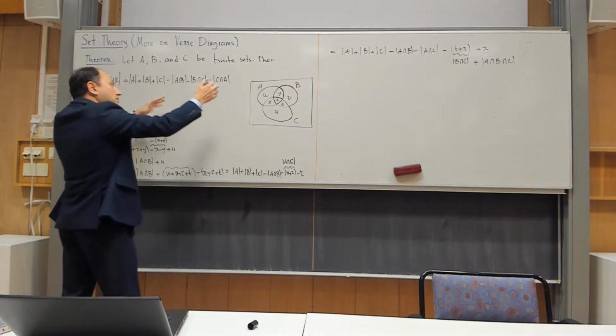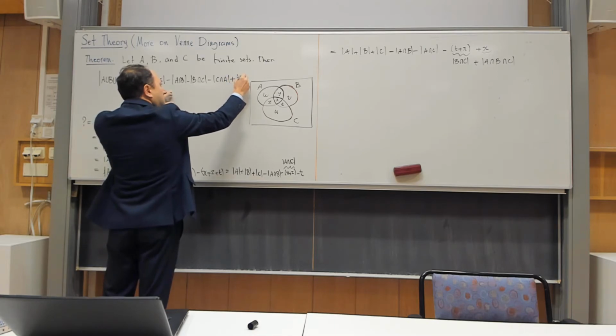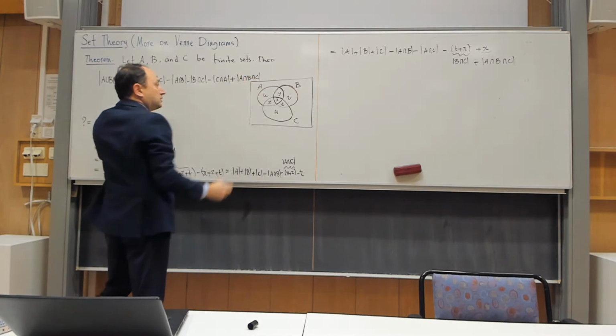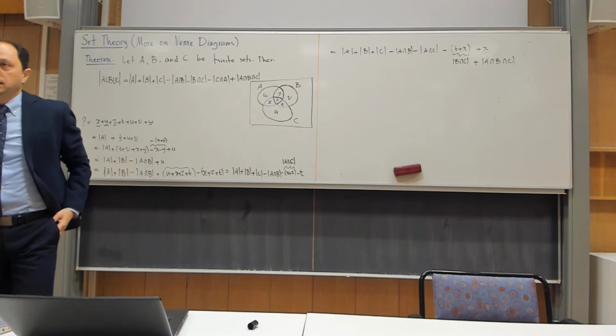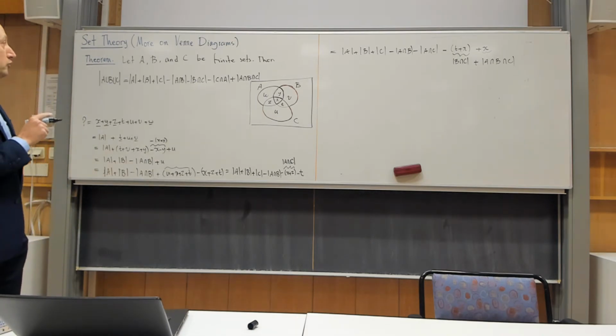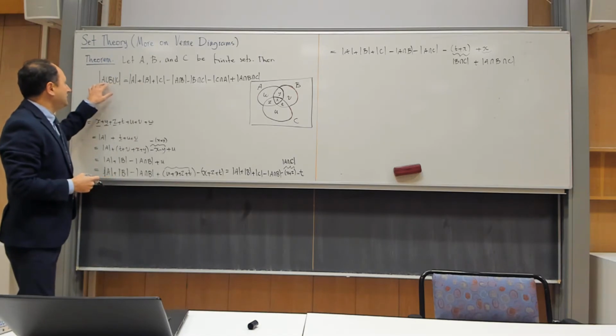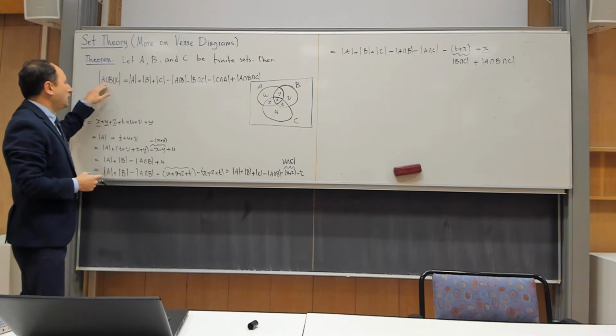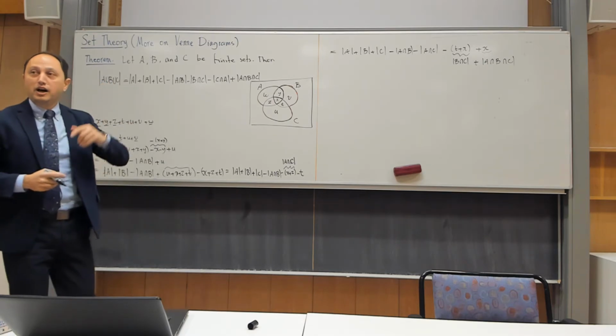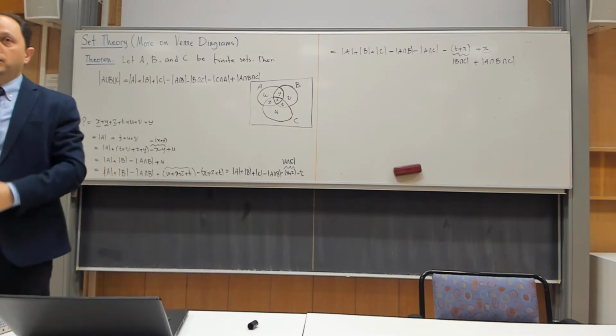And then you need to remember, you have to add the cardinality of the intersection of all of them. So you see that the formula becomes a little bit more complicated. But hopefully, by having the case for 2 sets and the case for 3 sets, you might be able to guess for a higher number of sets. By the way, for a higher number of sets, you have to work rigorously.